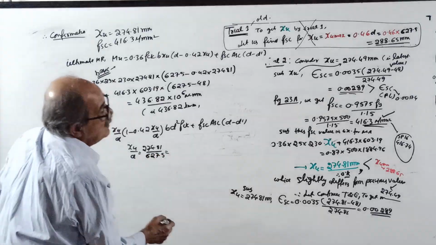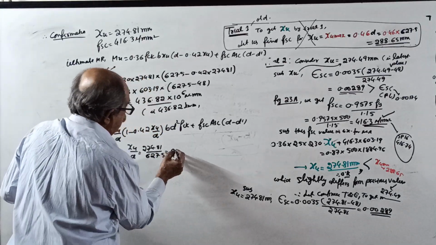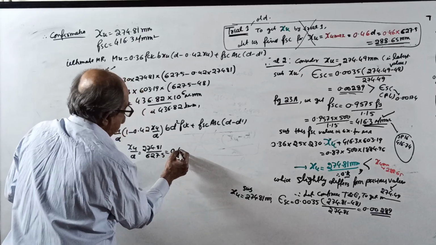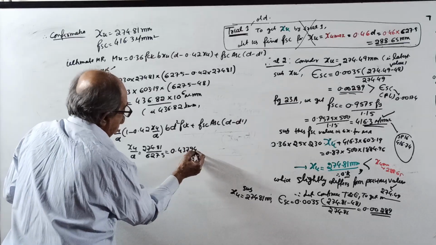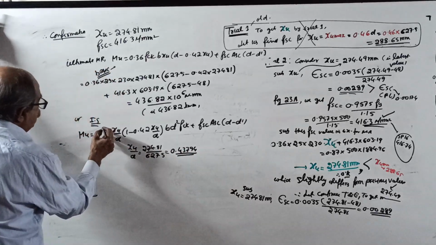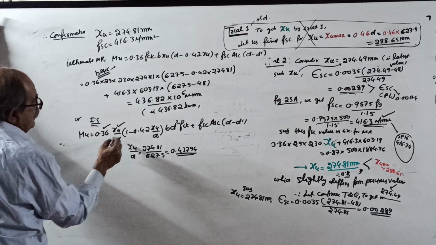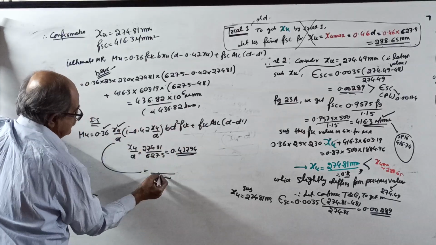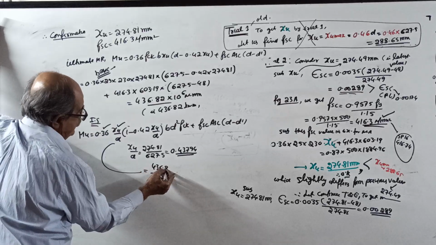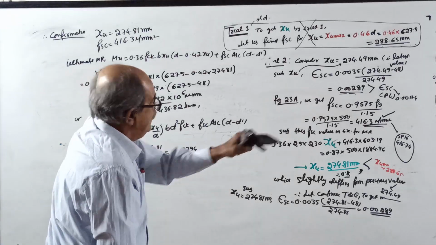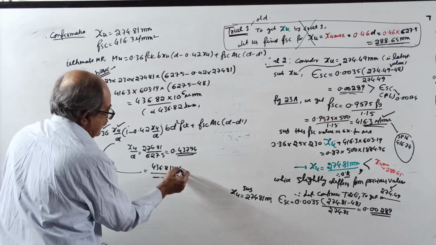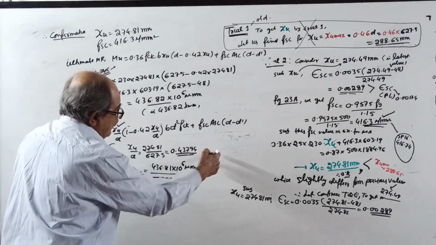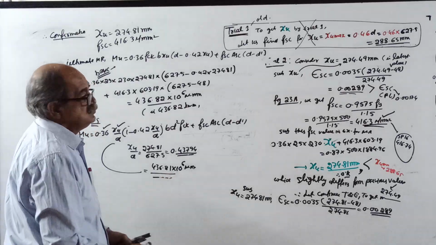For accuracy, it will come 0.43794. Now substitute 0.36, 0.43794. You do it, you will get the same answer. 436.8, not 82, was calculated, it came one unit off in 10 to the power 6 Newton millimeter because of approximation. If you go for more accuracy, you get 82. That is not a big issue.